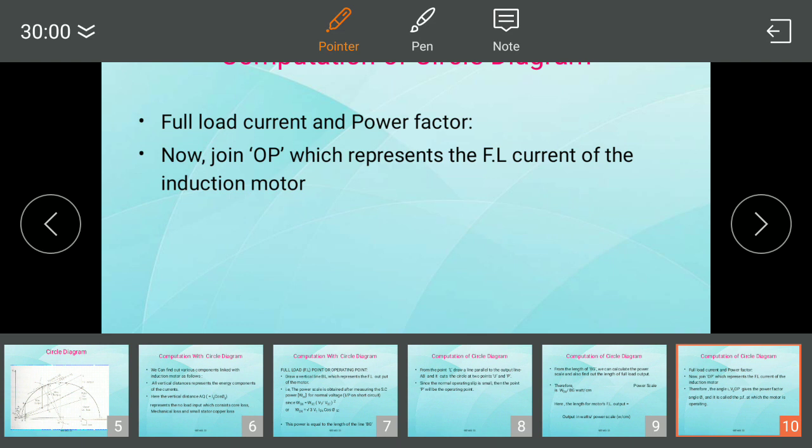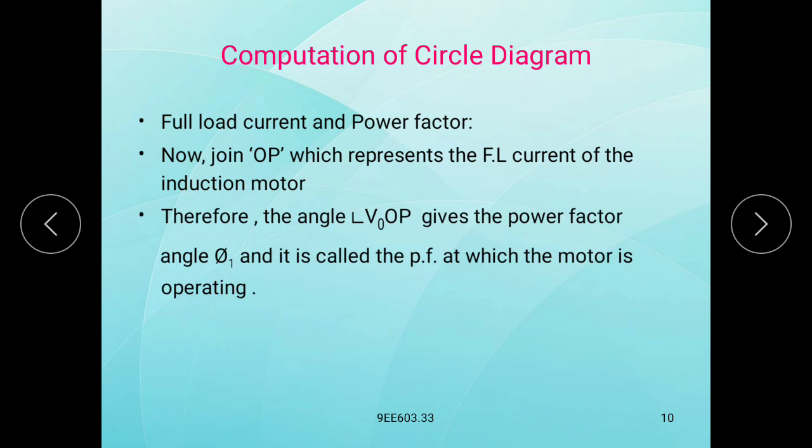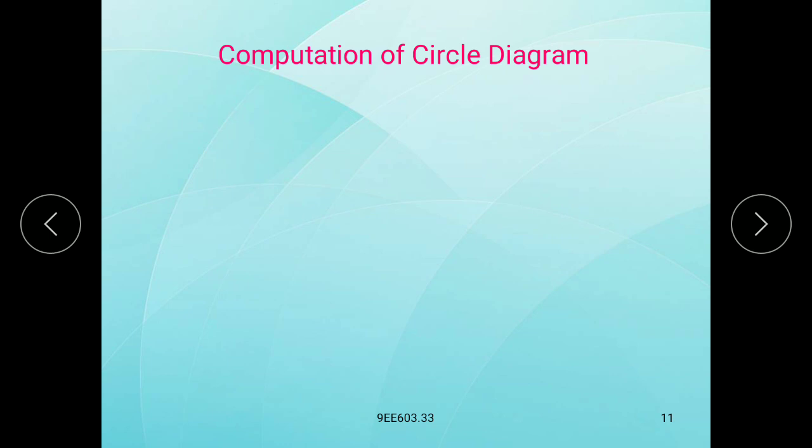Therefore, the angle V0OP gives the power factor phi 1, and it is called the power factor at which the motor is operating.